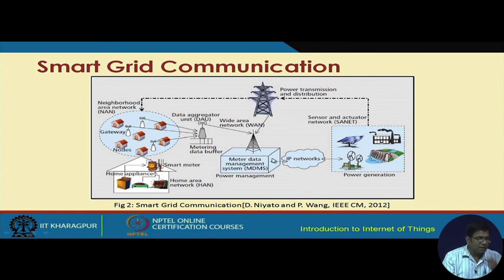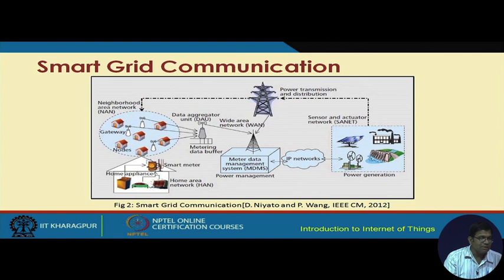And why is it required? It is required because sometimes the consumers, for example, might need to operate some of their appliances, or can feed some information to the power center, to the service provider.